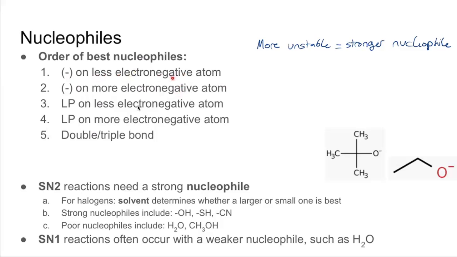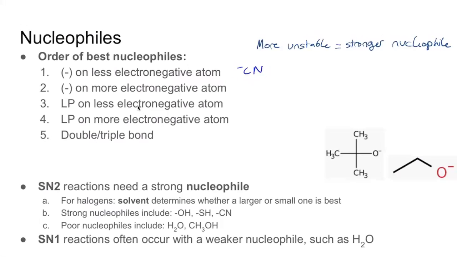Less electronegative means an atom such as carbon, which compared to oxygen is not too electronegative. A good example for our first type of good nucleophile is CN-. Carbon is not super electronegative. This is a very unstable molecule. Carbon is not happy with that negative charge.